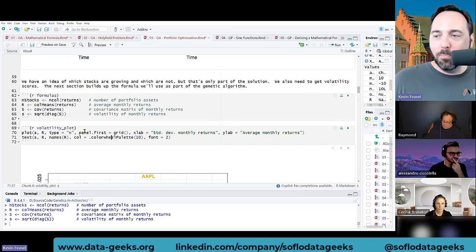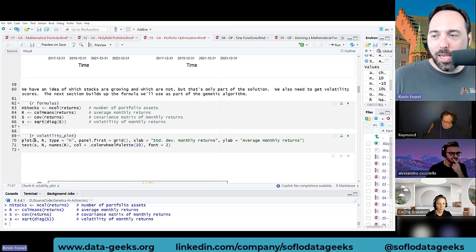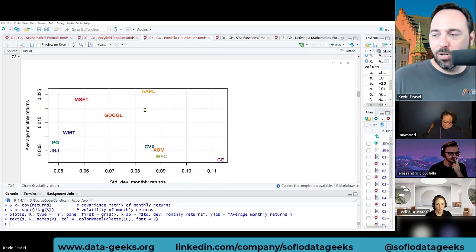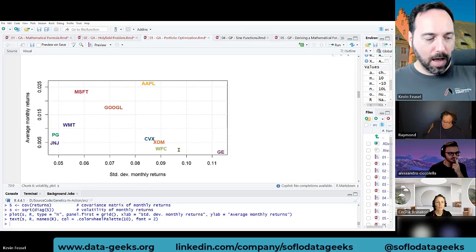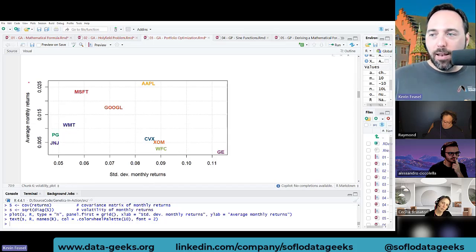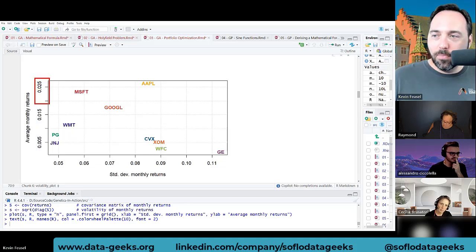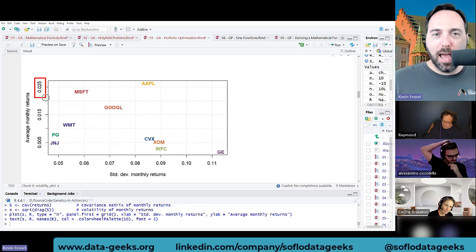Then I can build a volatility plot. I plot the volatility versus the returns, and that shows me this. Looking at this plot, for average monthly returns, higher is better. This is saying 2.5% average monthly return. Hey, Apple's got the highest average monthly return.